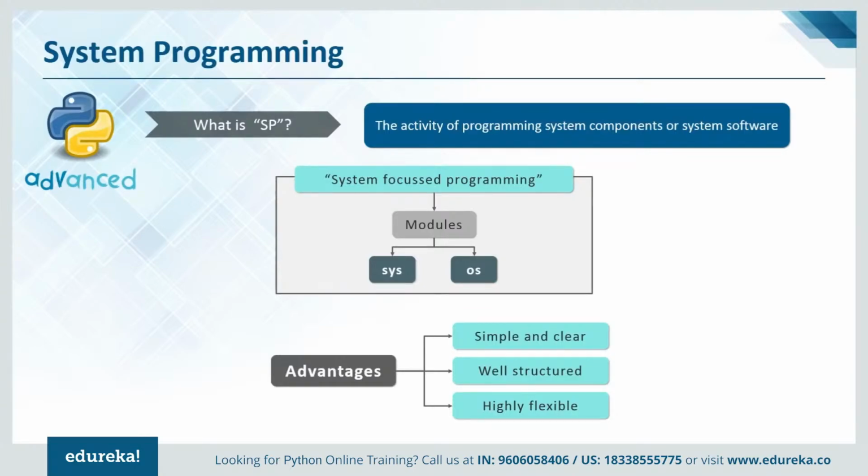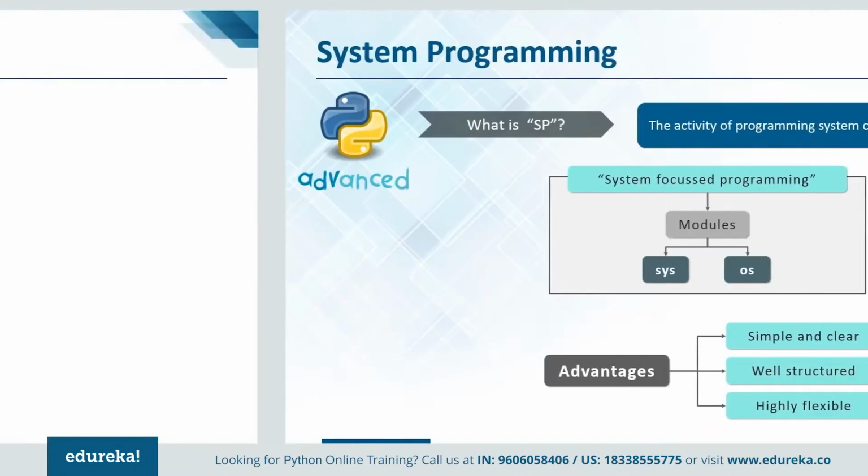By means of the abstraction layer, it is actually possible to implement independent applications in Python, even if they access operating system specific functionalities, guys. So well, in my opinion, Python is well suited for system programming or even platform independent system programming as well. So the general advantages of Python are valid in system focused programming here too. So it is simple and clear, it is well structured and definitely highly flexible, guys.